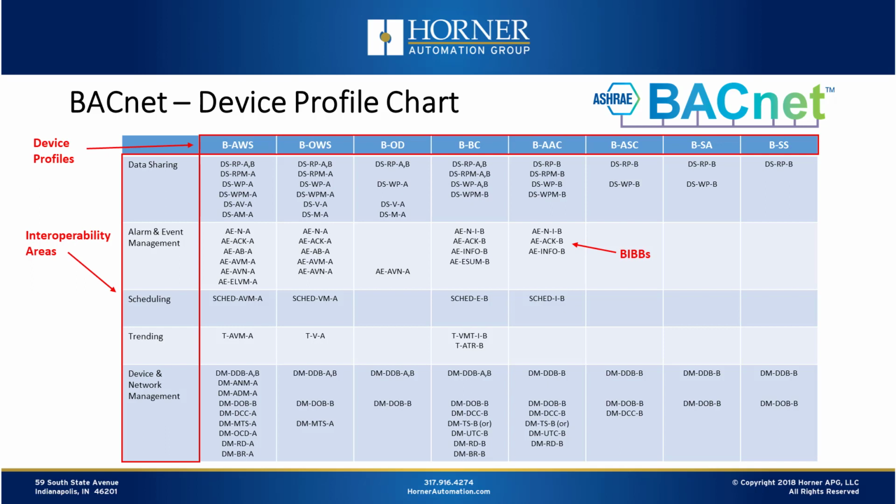And then down in rows are the interoperability areas. Within each cell are 1 or more BIBs that define the interoperability areas along with the services that need to be supported by each type of device for it to be interoperable with other devices. So that's really what this all comes down to, interoperability.